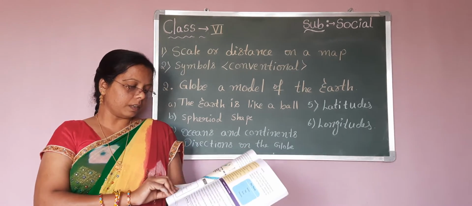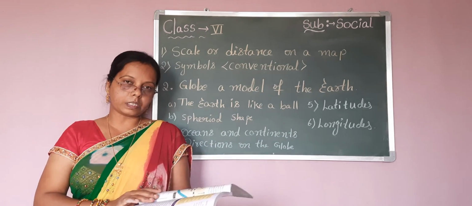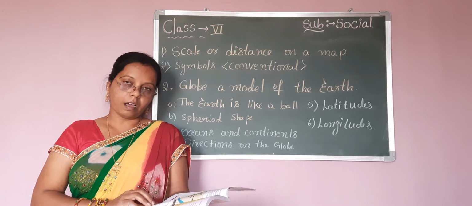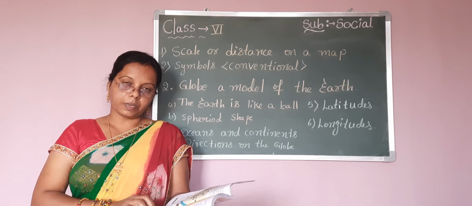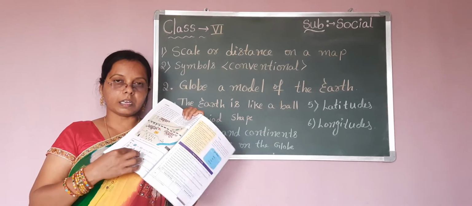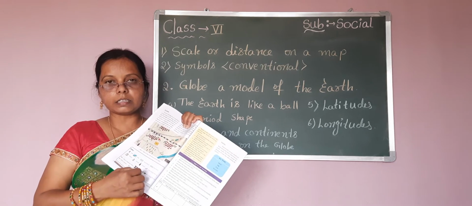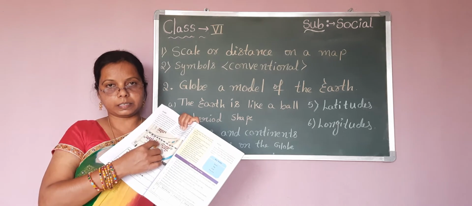Next, the full forms are given: PTO, post and telegraph office; PS, police station; RS, railway station; PO, post office. They cannot draw all these things on the map, so they utilize these conventional symbols to easily locate places on the map.